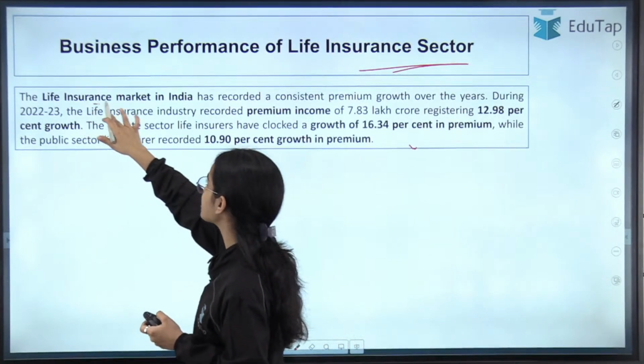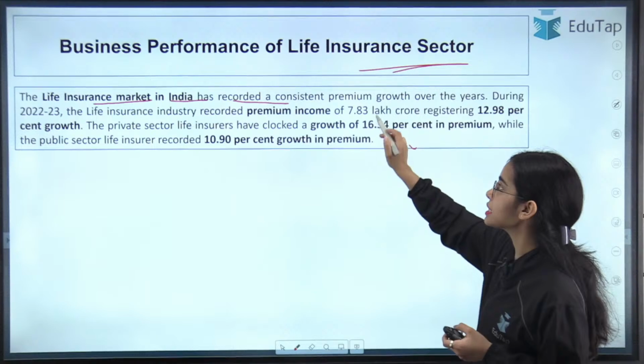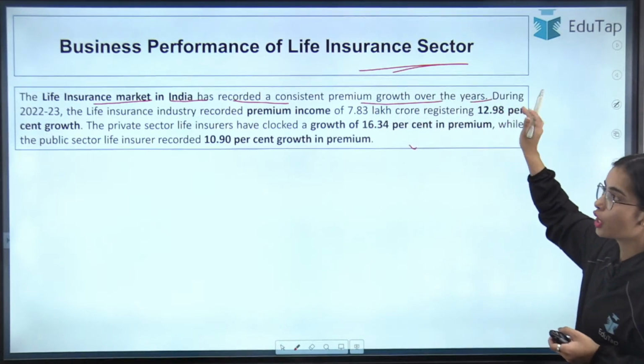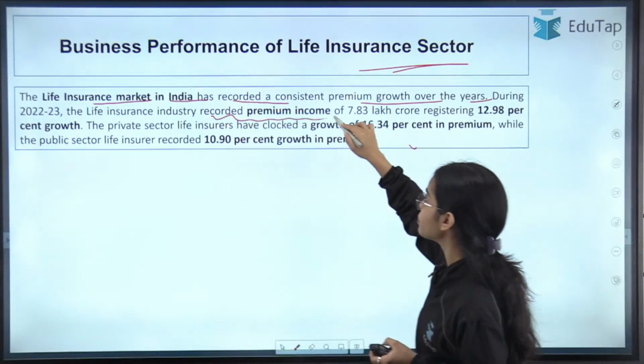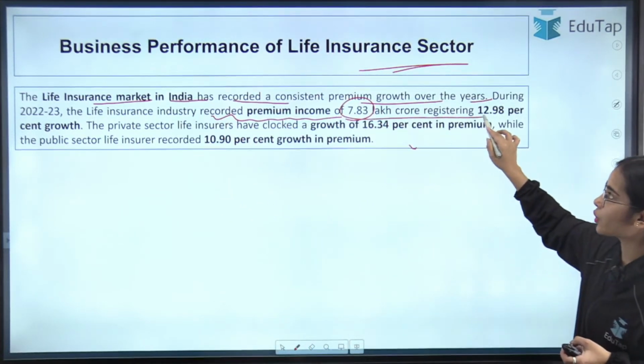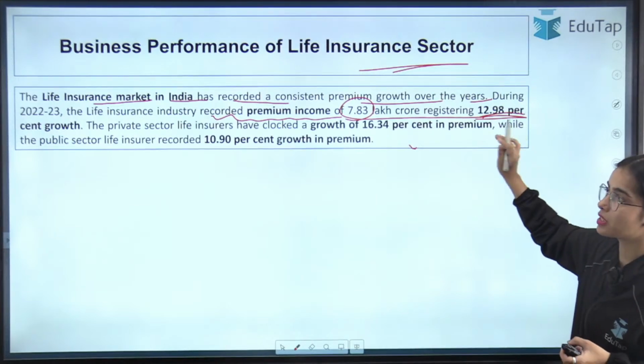So the life insurance market in India has recorded consistent premium growth over the years. During 2022-23, the life insurance industry recorded a premium income of 7.83 lakh crore, registering 12.98% growth.